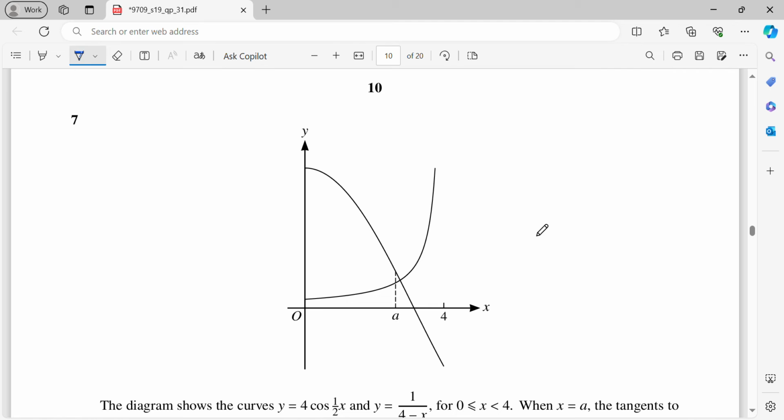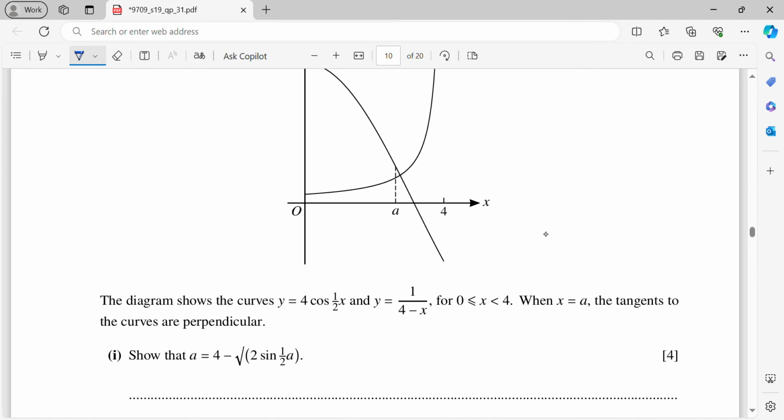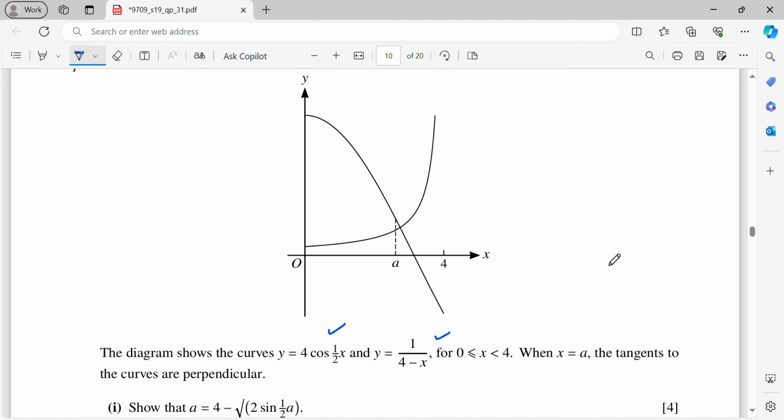Okay, for question number 7, the diagram shows a curve y equals to 4 cos half x and y equals to 1 over 4 minus x, whereby the x is from 0 to 4. Now, when x equals to a, the tangents to the curves are perpendicular.